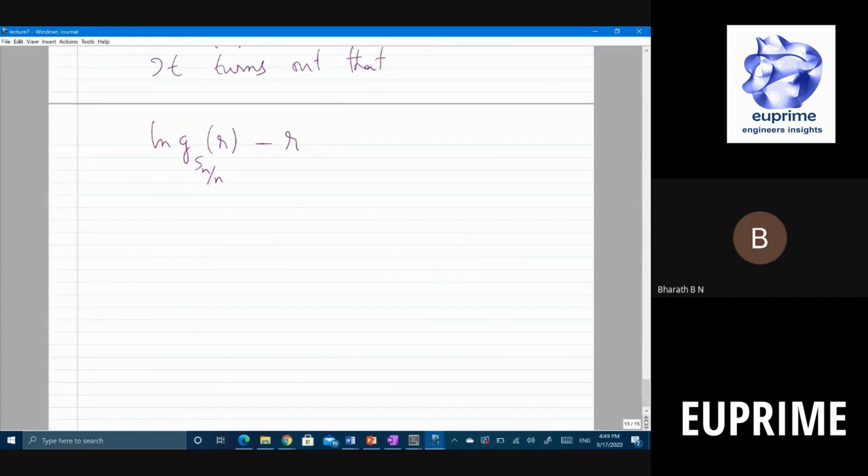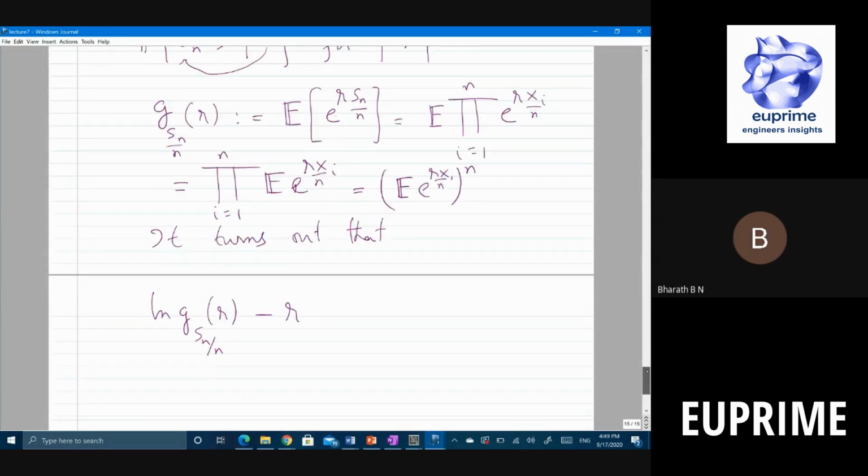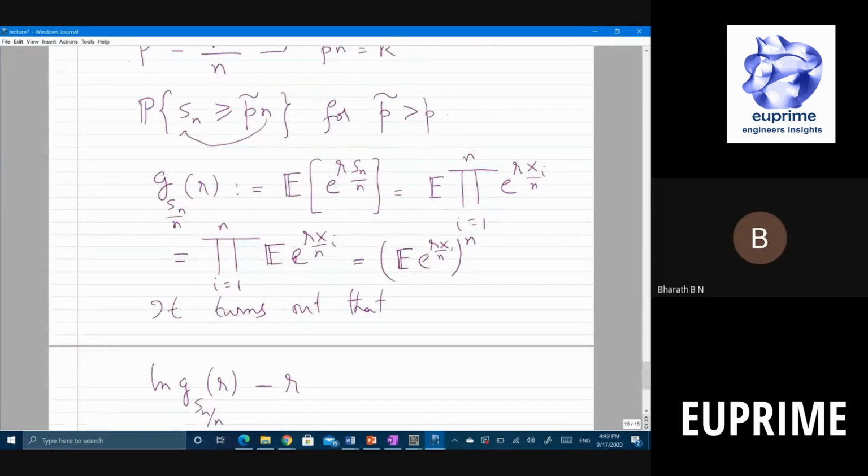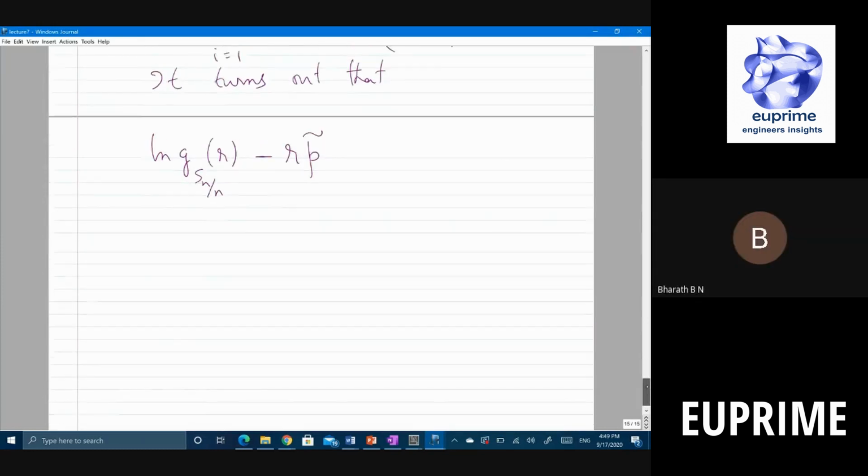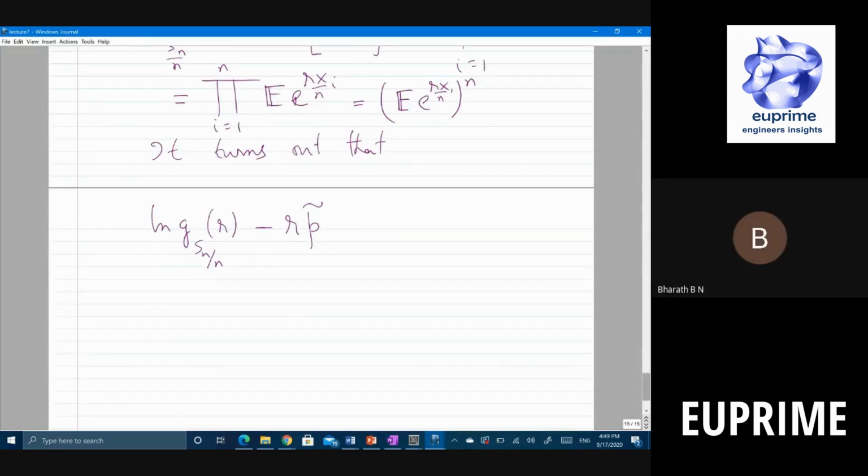Of course r times, what is x? X is not p tilde n, it's p tilde, right? Yes, sir. P tilde only. So I have to take the infimum over all r greater than or equal to 0, right? That's what we have. So I have to maximize or minimize this function over all r. That's what you have to do.